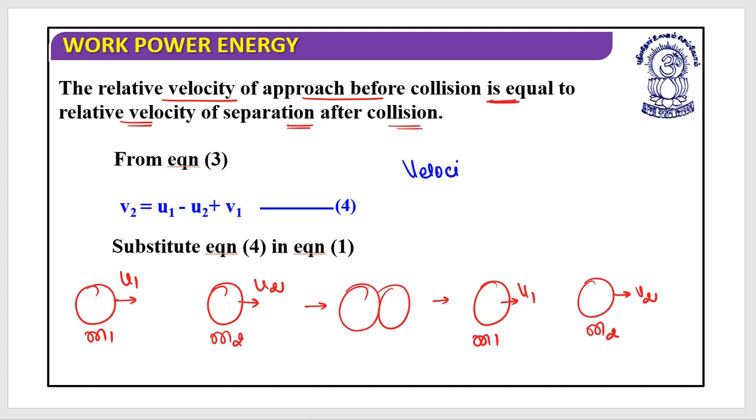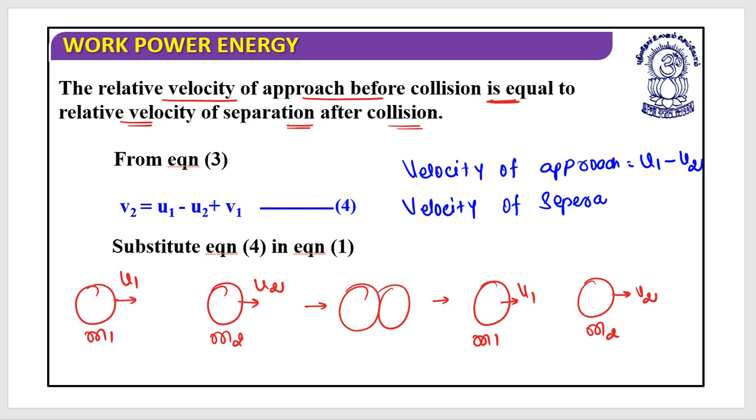When I say velocity of approach, it would be u1 minus u2. And when I say velocity of separation, it would be v2 minus v1.